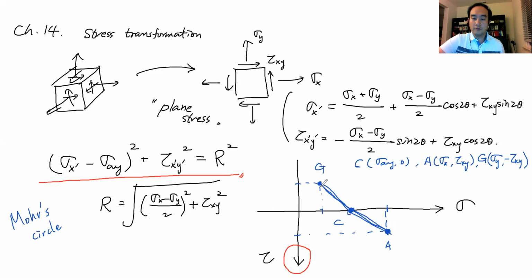So this is the first step. You have to identify these quantities based on the given stresses, sigma x, sigma y, and tau xy. Then you can easily find these coordinates, put those three points on the coordinate system, and develop the circle.